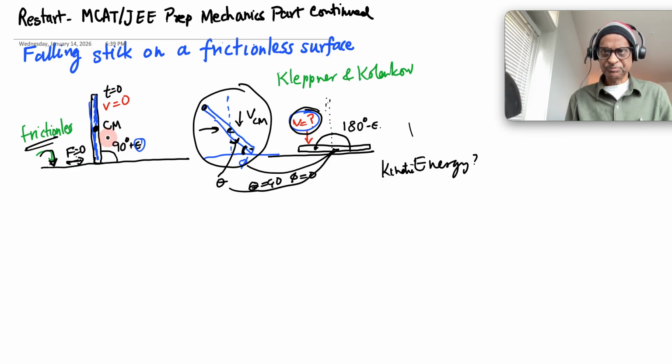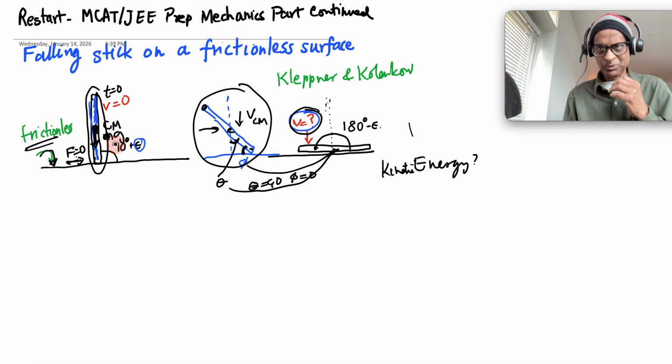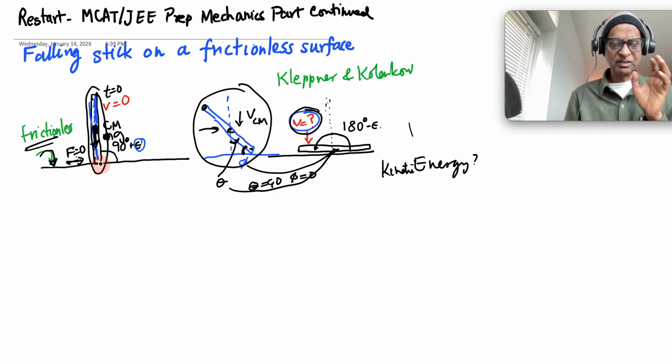Which means if you look at this as an entire body, the external force on that body is just gravity. The center of mass will just fall with gravity, mg being the only external force, which we can take care of using potential energy, as you probably know.